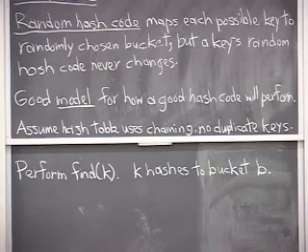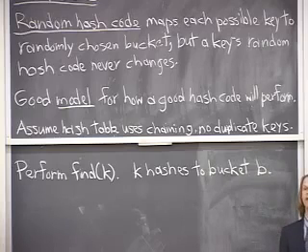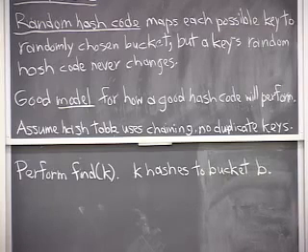We've got to hash, find the bucket B. That can be done in constant time. Then we've got to search through the chain in bucket B until we find the item having the key that we're looking for, or we run out of keys and find that it's not there. So we're going to get charged proportionally to the length of that chain. Or in other words, proportionally to the number of keys that hash to the same bucket.